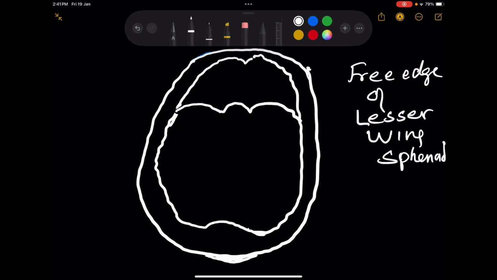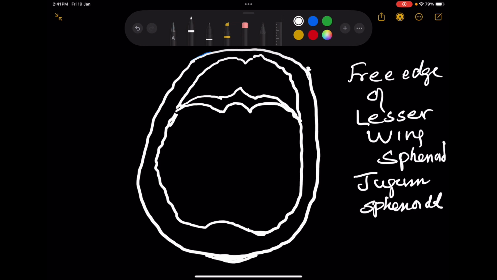Okay. Now, if you make the lesser wing, you will find the wing like this, and it projects like this, and this projection is called the jugum sphenoidale. Behind the jugum sphenoidale, you have a projection which is called the tuberculum sellae.